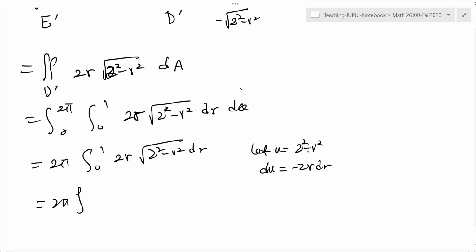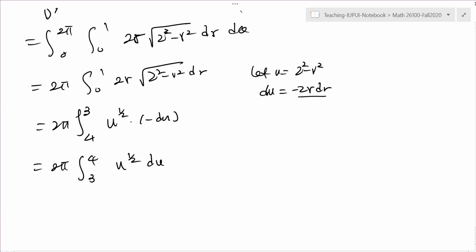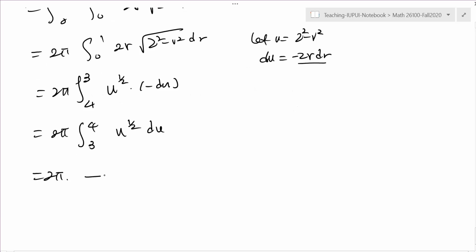When r equals 0, I get 4. When r equals 1, 4 minus 1 is 3. And 2r dr is going to be negative du, so it's u to the 1/2 times negative du. If you switch the order of the limits, now we find the antiderivative is 2/3 u to the 3/2.